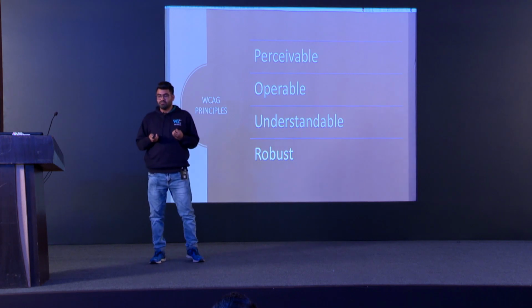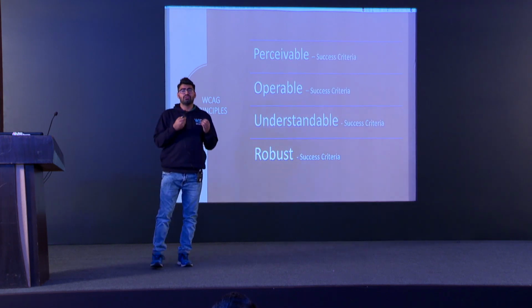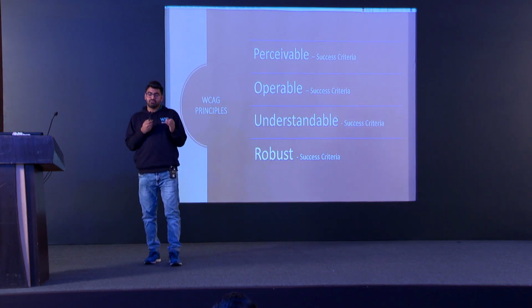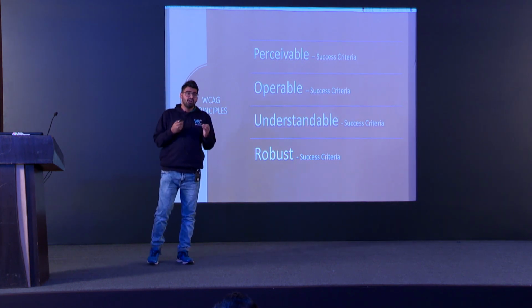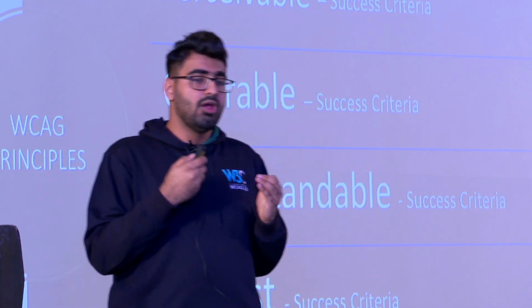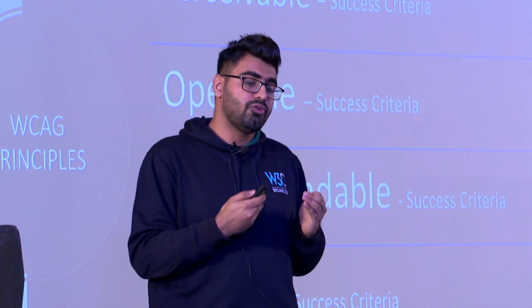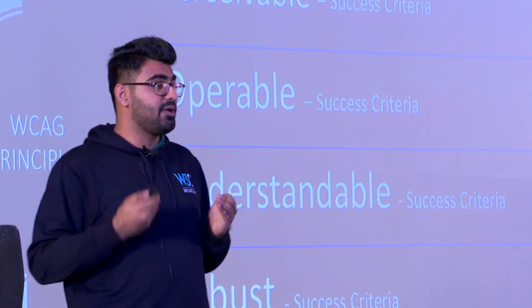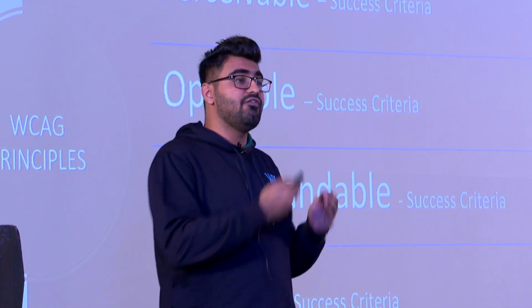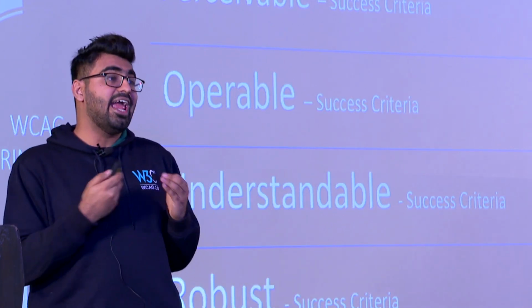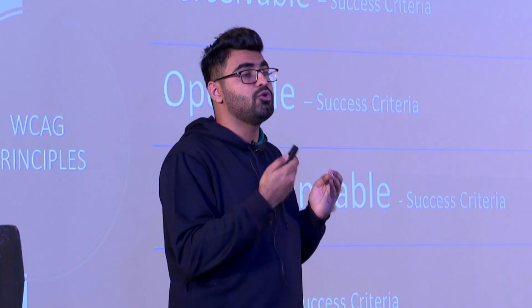Each of these principles has its own success criteria, which means there are some pointers we need to think about, and if we check all those pointers, we achieve each and every principle. Finally, when we achieve all the principles together, we say we have achieved ADA compliance or WCAG compliance.